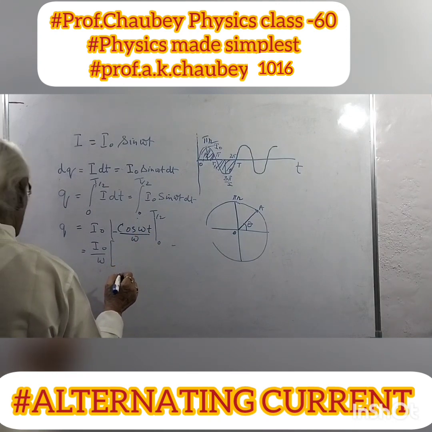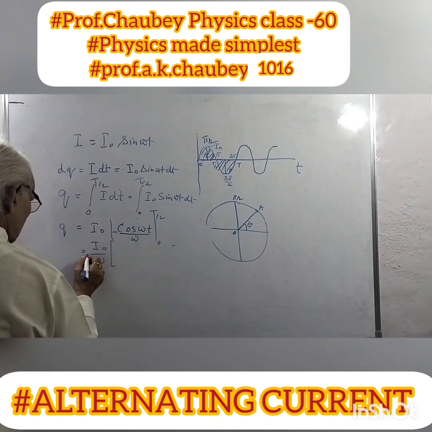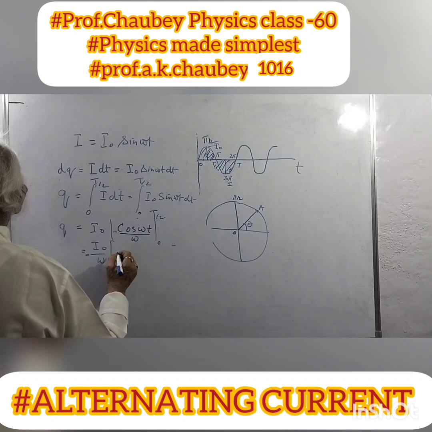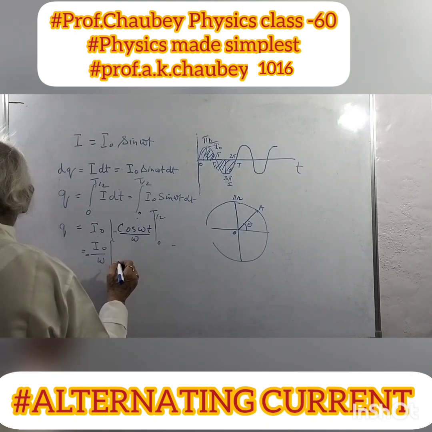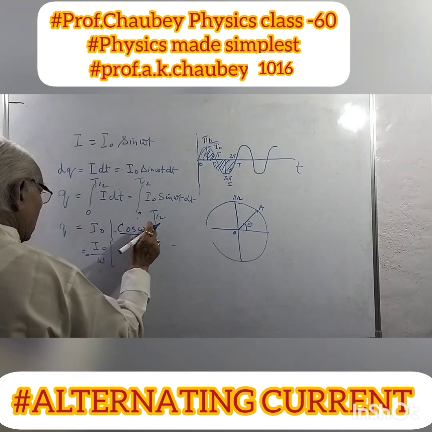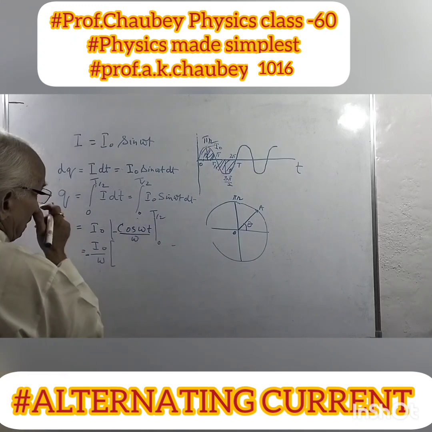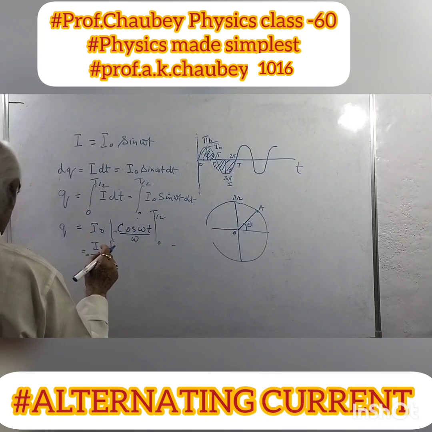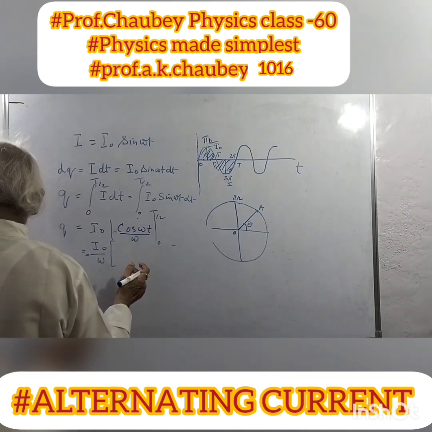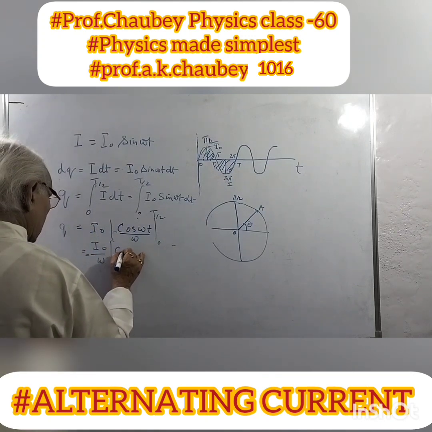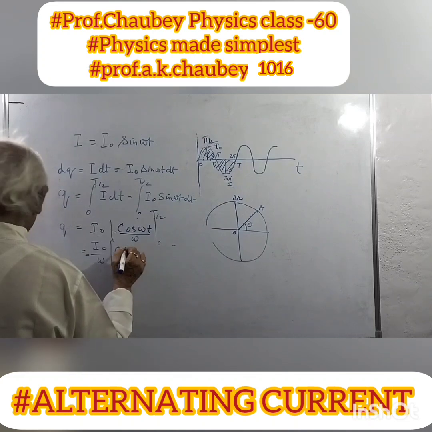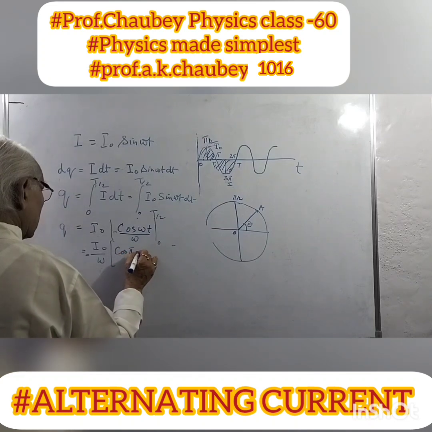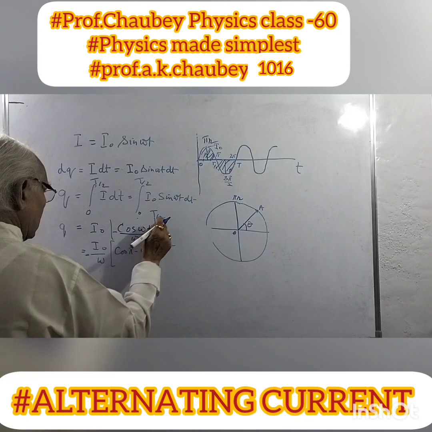So this becomes minus, of course, and then the inside becomes cos omega t. At t equal to T by 2, where T is equal to 2 pi upon omega, this becomes cosine pi minus cosine at t equal to 0.